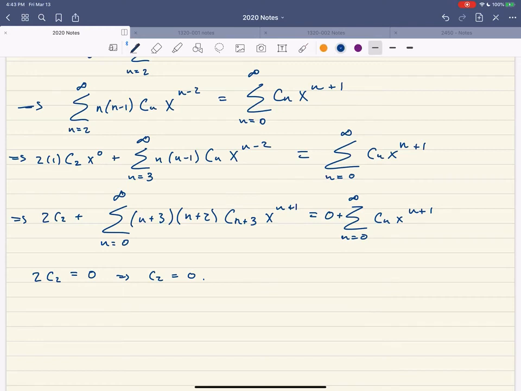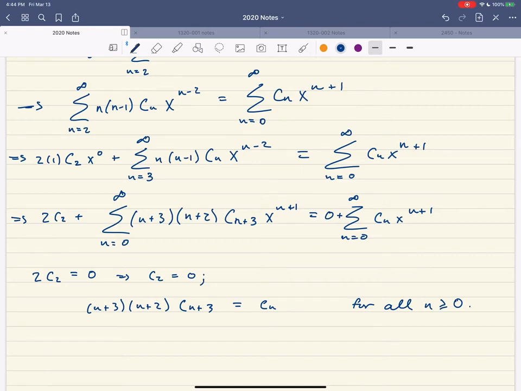So this means that n plus 3 times n plus 2 times c sub n plus 3 is going to be equal to c sub n, and this is going to hold for all n greater than or equal to 0. And so the first value of n that this is going to say something about on the left is c sub 3.